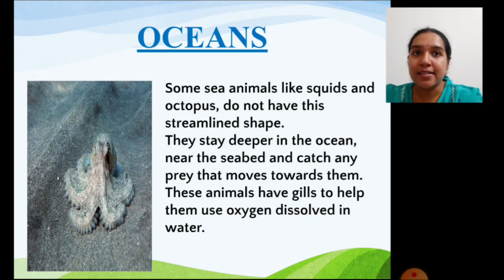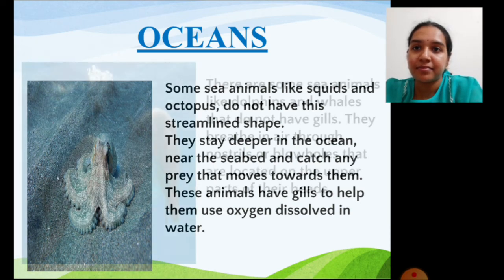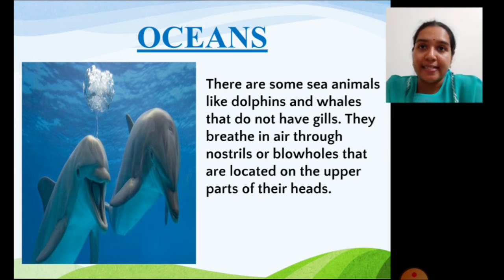These animals respire through gills to breathe the dissolved oxygen in water. Some sea animals like dolphins and whales are mammals which have lungs instead of gills. They breathe through nostrils or blowholes that are located on the upper part of their head.